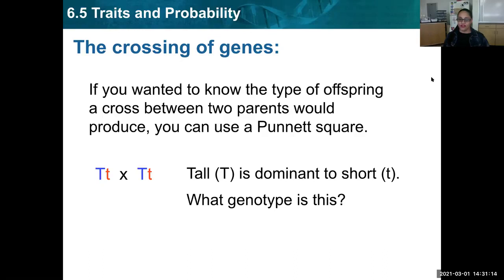If tall is dominant to short, what do you guys think? Tall. Good, Jacob. Yep. So you have two tall parents with heterozygous genotypes. We're going to cross their genes and see what their potential offspring could be.